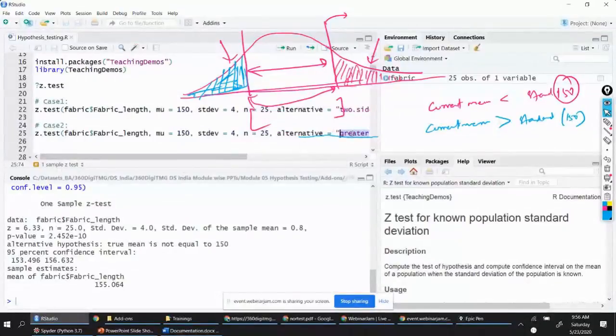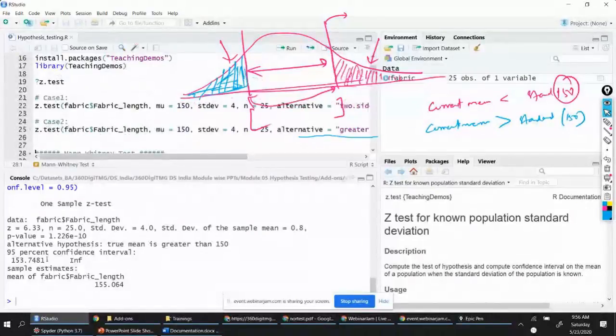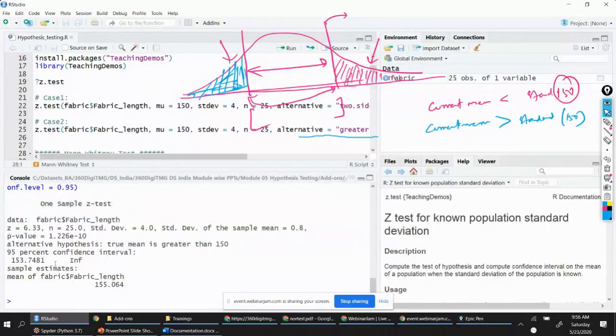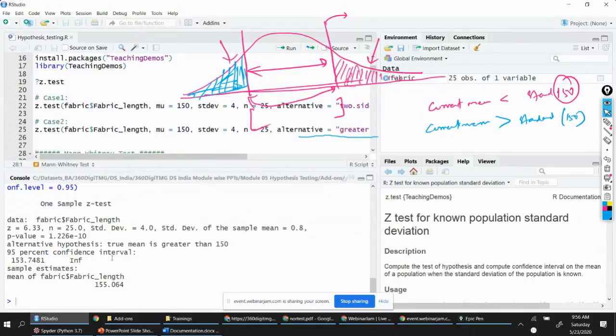Only this changes. When I execute this, I get again the p-value. And look at this. Your estimated value, the 95% confidence interval, is calculating the lower window and ignoring the upper limit. You are only verifying whether the lower limit is less than or not.